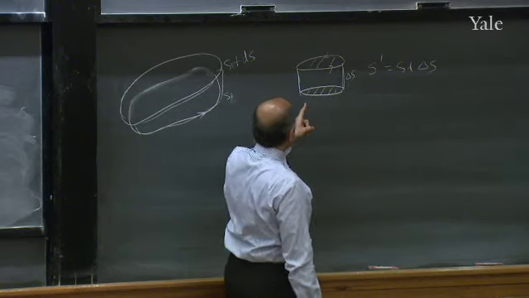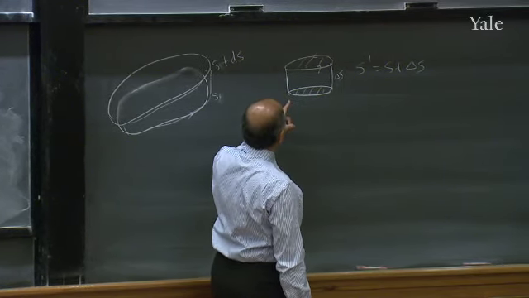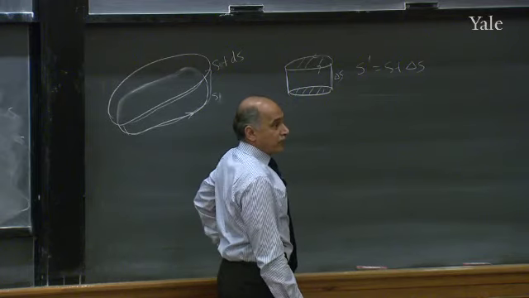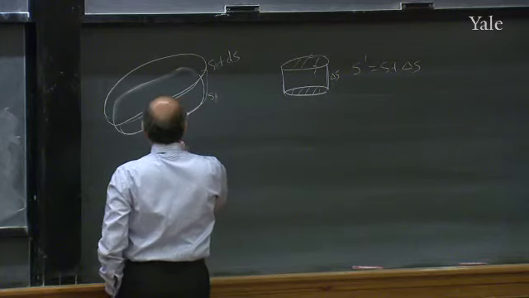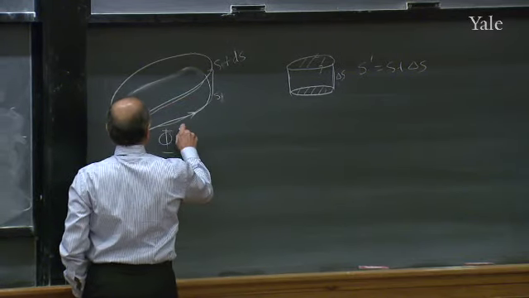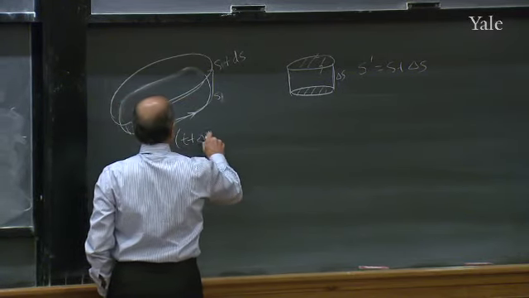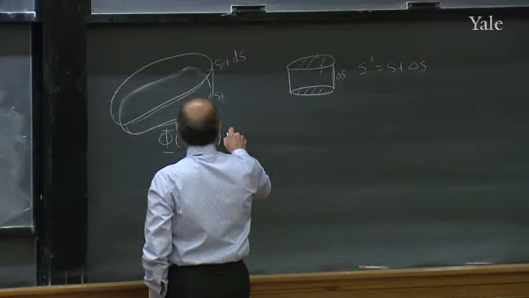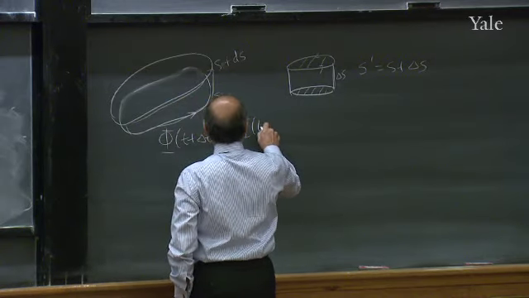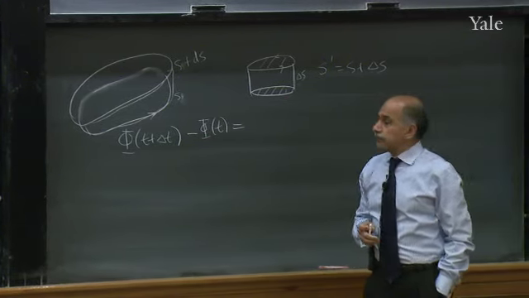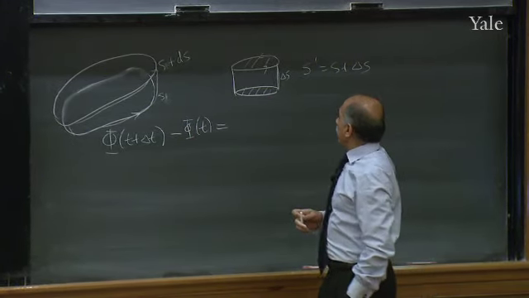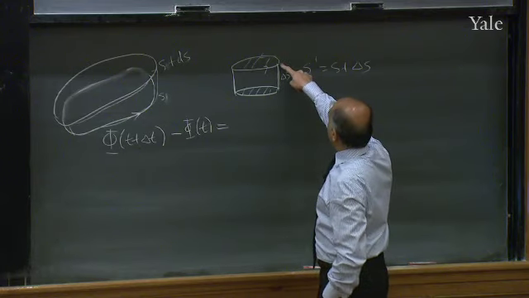So now the question is, what is the rate of change of flux in this problem? The rate of change of flux I'm going to find as follows. I'm going to find the flux at time t plus delta t minus phi at time t. That's what I want. Now, at time t plus delta t, my loop is here.